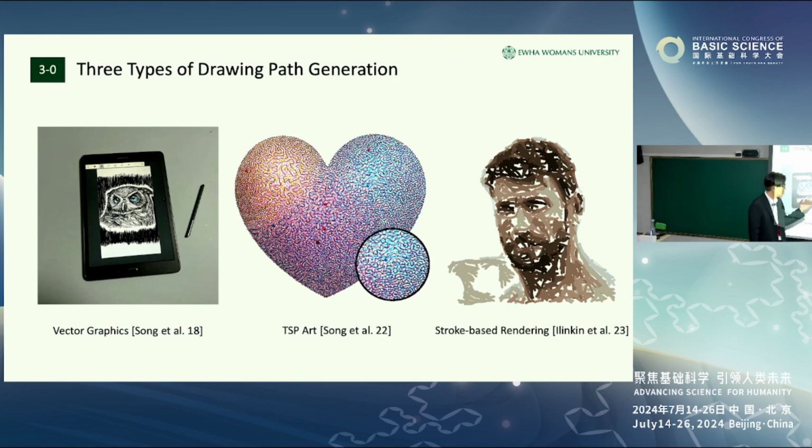That's what is known as TSP art. And the other one, which is also very well known in computer graphics, is called stroke-based rendering. So here we need to find a bunch of stroke sequences that approximate the given input images. That is stroke-based rendering. So we use all these methods to create the 2D drawing path.